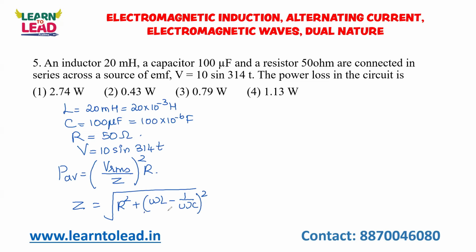So the R value, the omega L value. If you substitute everything, you will get Z value as 56 ohms. Okay, try it, the Z value will come as 56 ohms. And then substitute in the average power formula: 10 by root 2. Actually, what is given in the equation is always the peak value. To change peak value to RMS value, divide by root 2.